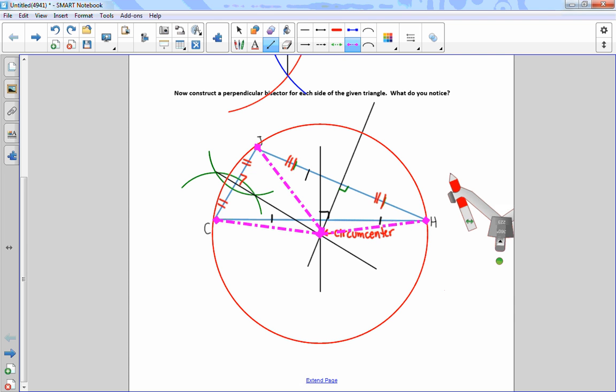So we found the one point, there's only one point in existence, that is equidistant from C, J, and H. There's only one point that exists that is equidistant from C, J, and H, and that's called the circumcenter. And at that point, we have the center of our circle, so that a circle with that radius length will touch C, J, and H, and only touch the triangle in those exact 3 places.